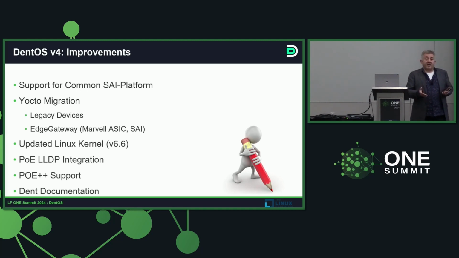Also, when you're doing LLDP, there's a negotiation protocol for the PoE. When your device is connected, it may require 60 watts, for example, to boot up and initialize everything. But in the steady state, it may reduce the power usage to 30 watts, 25 watts.